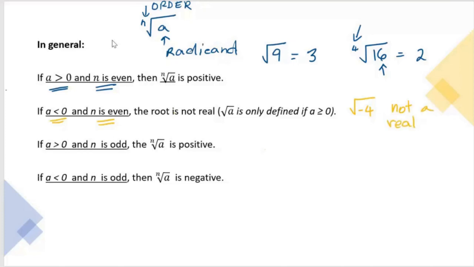Once we move away from real numbers into the world of imaginary numbers, complex numbers, then we've got an answer here. But there's no real number that I can find as an answer. Similarly, the 4th root of negative 16 is a non-starter. There's no number multiplied by itself 4 times that'll be negative, and we would also write that this is not a real number. We're not going to dive into imaginary numbers at this time.